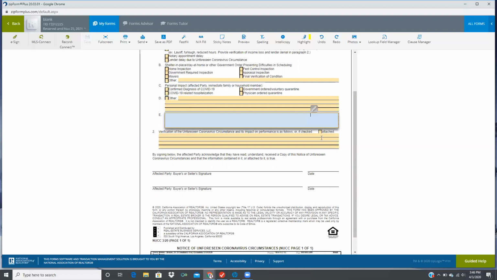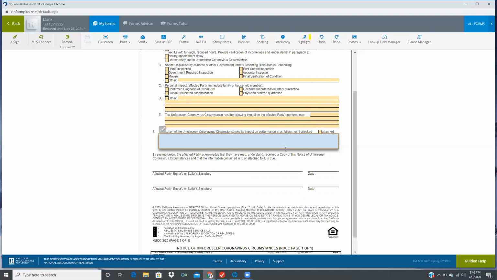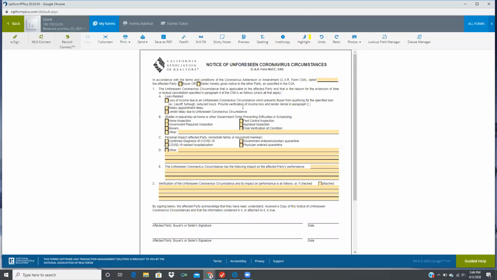So if you want to explain what happened, such as the borrower's loan is no longer available by the investor that had given them the approval or the pre-approval, then you would put that in here. Verification of the unforeseen coronavirus circumstance and its impact on performance as follows. You put that down here. So that's what the 4 forms are used for.